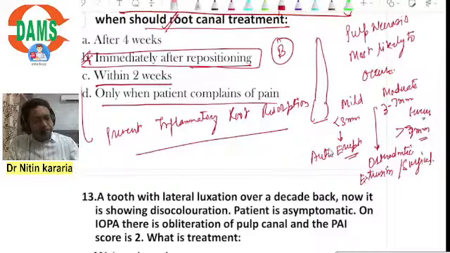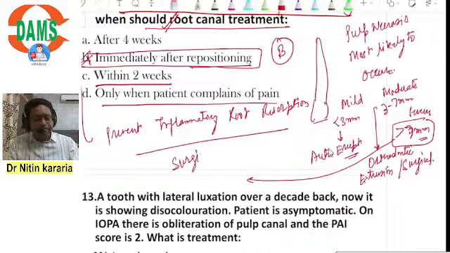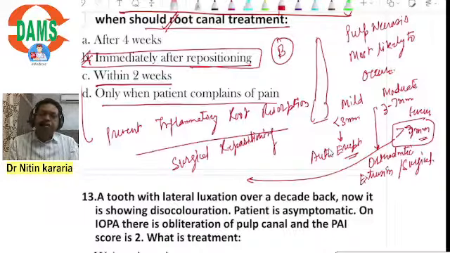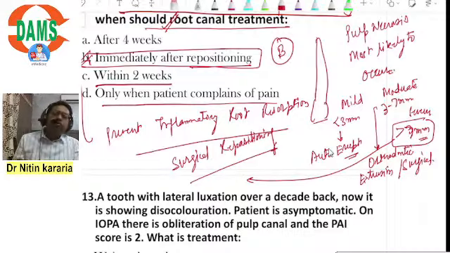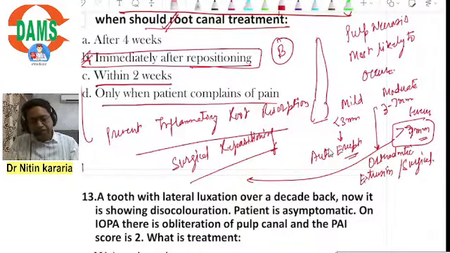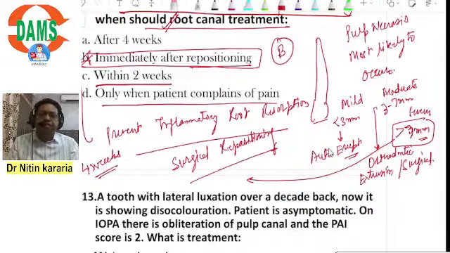Whenever severe form of intrusion occurs, more than 7 mm, it always requires surgical repositioning. So depending upon the severity of the intrusion, we have to choose the treatment modality, and the duration of splinting after reposition remains the same. That would be 4 weeks of physiological passive splint. All these recommendations are according to International Association for Dental Traumatology.